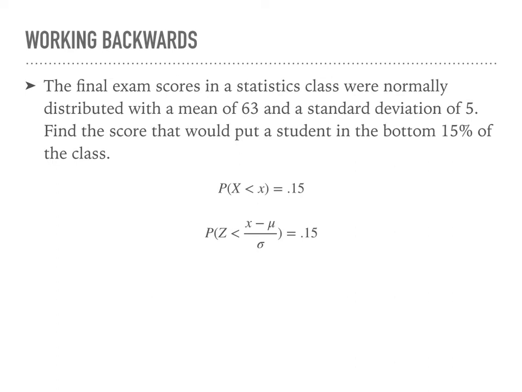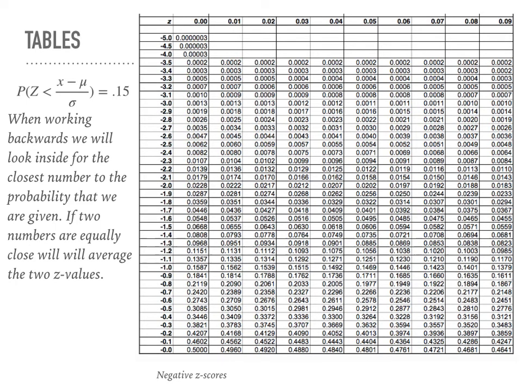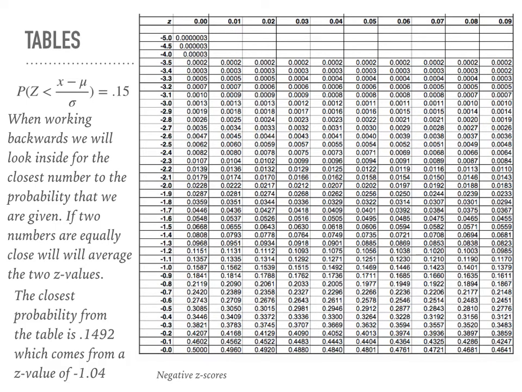And since we have a less than in here, it makes our lives a little bit easier. Looking at our table, we need to find a probability inside the table that is as close as possible to 0.15. The closest one that we can find is 0.1492.